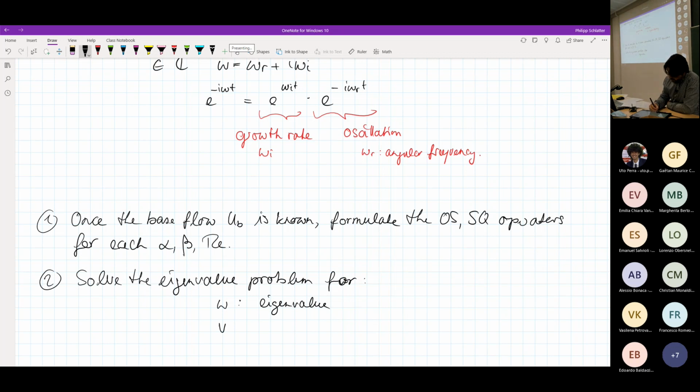And we will also get out the V hat, or the eta hat, when we also talk about the Squire equation, and that would be the eigenvector. And of course, in the context of our stability problem, the eigenvector would be the shape of our disturbance.